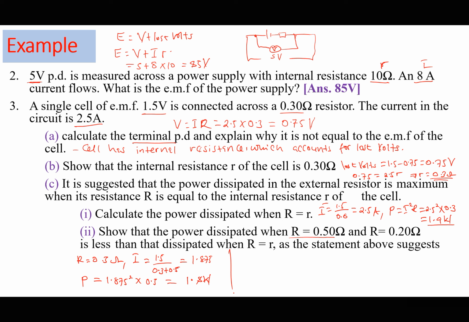Then for 0.2, the current is going to be the EMF 1.5 over total resistance, which is 0.3 plus 0.2. 0.3 is the internal resistance, then plus 0.2 because they're in series. So 1.5 divided by 0.5. So this is going to be 3 amperes.